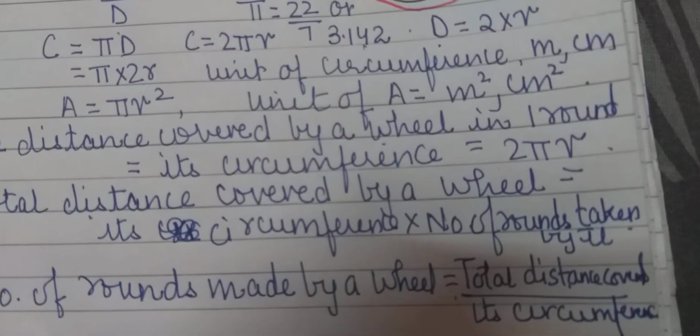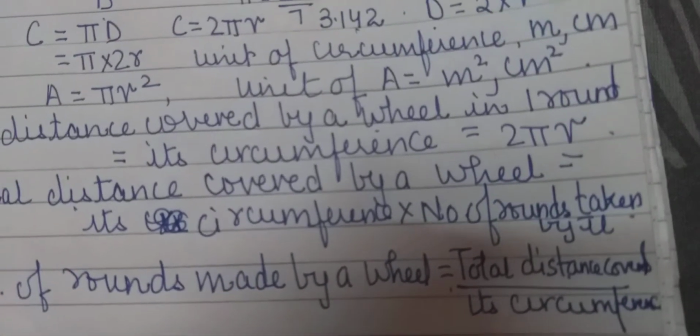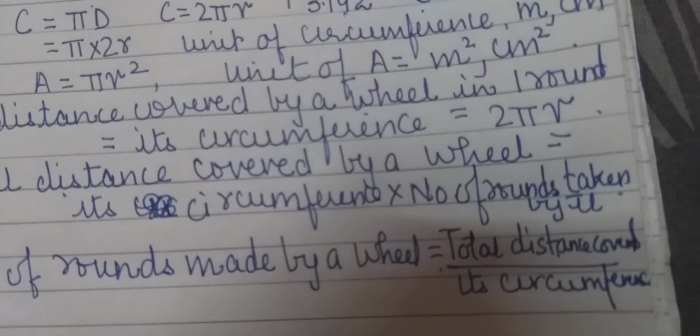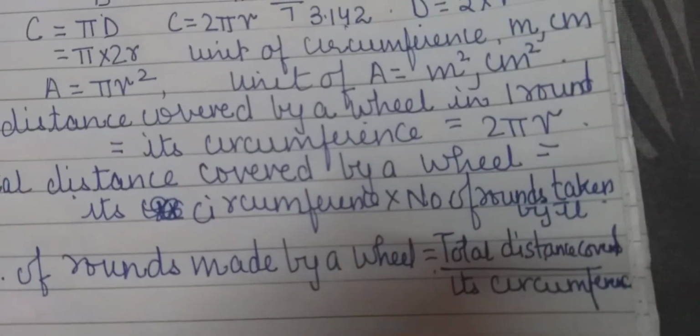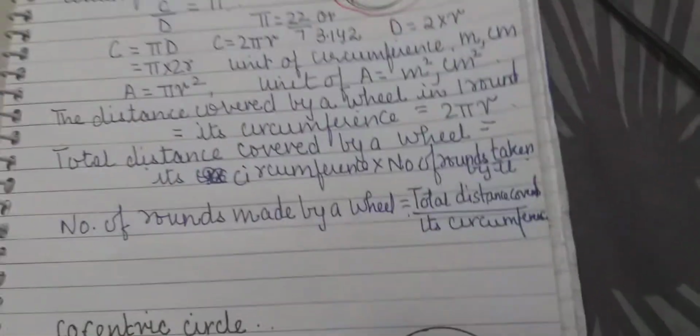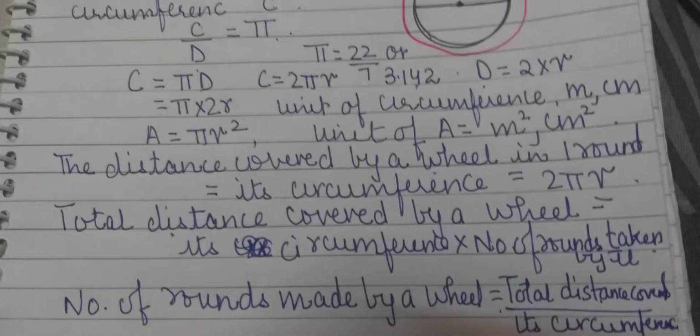So you will say total distance divided by the circumference of the wheel. Is it clear to all of you?